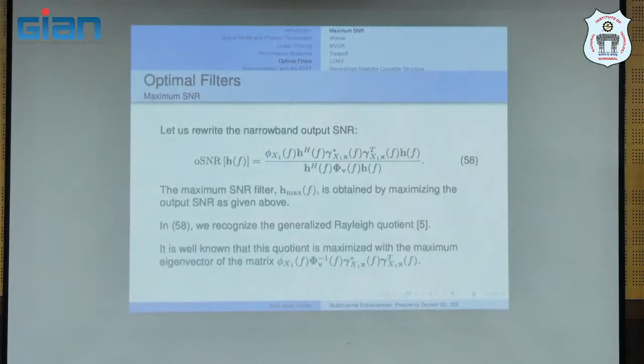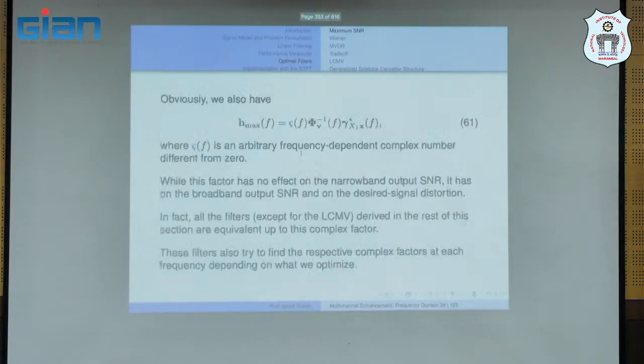That's why, when you compare, suppose that I have other filters. We will talk about the Wiener, the MVDR, the trade-off. We will see that all of them are proportional to phi v minus 1, this matrix which is m by m, multiplied with the vector of the partially normalized coherence function.